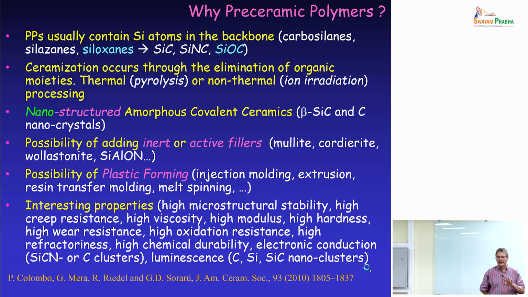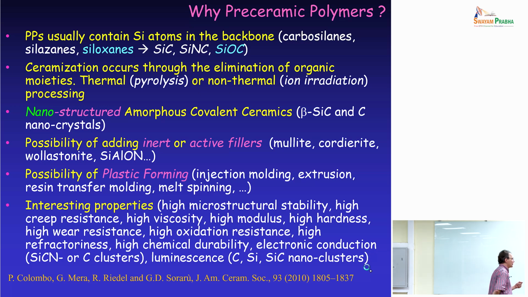A glass forms typically by the solidification of a liquid, and it has a glass transition temperature, meaning that above a certain temperature, you cannot use it because it starts flowing. And if you have a high viscosity in your molten phase, you can use that material at a much higher temperature.